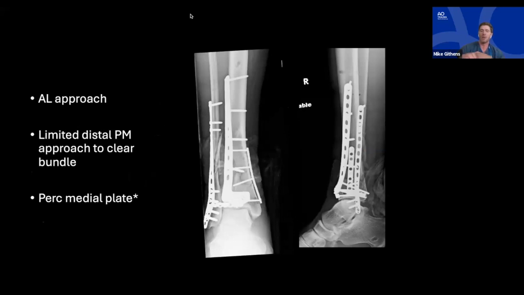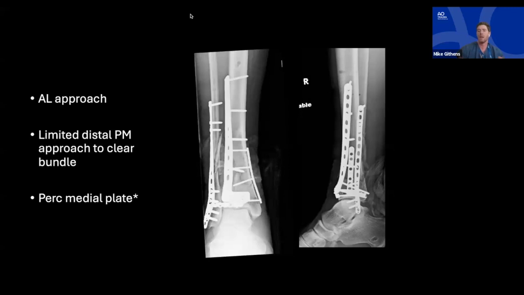A limited posteromedial approach in this patient's case, which was probably about 3 centimeters in length, in order to simply visualize the tendons in the posteromedial in the bundle and extract those from the fracture line and then allow clamp application free of entrapped structures. And then the last part of this is, does this patient need dual column support?